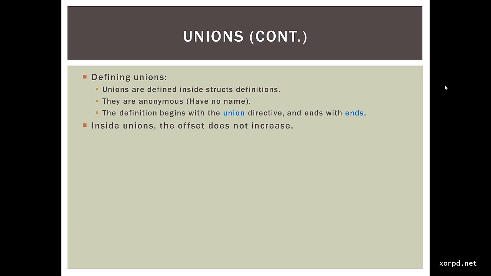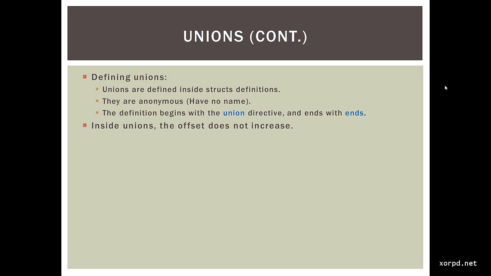Let's talk a bit more about unions, because I want to cover some other ideas relating to this construct. Defining unions. Unions are defined inside struct definitions. So basically you cannot just create a union without having a struct. You got to define a struct first, and then the union is going to be inside.